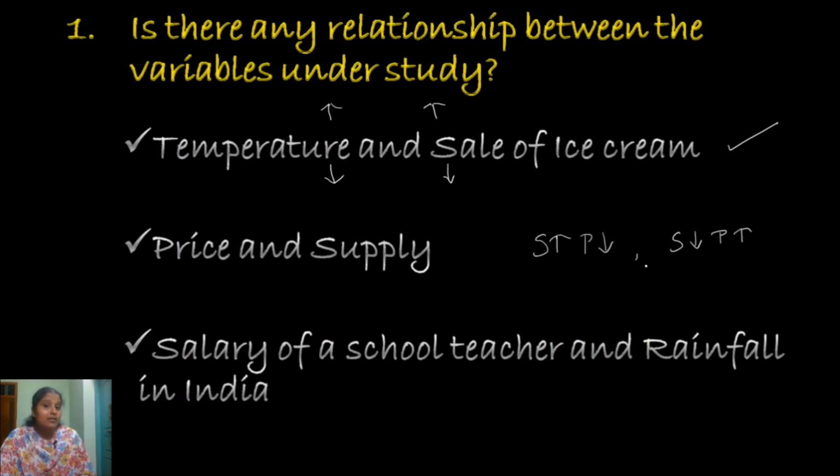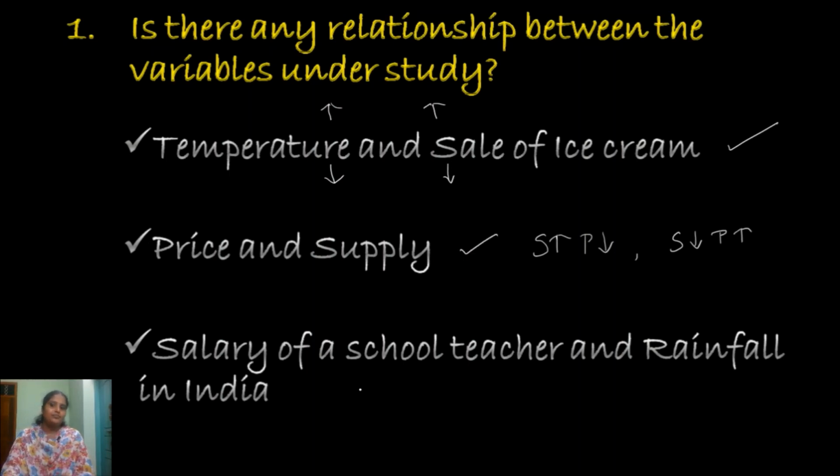Even though they move in opposite direction, that is, one of them increases, the other will decrease, supply is related to price. Yes, there is some kind of relationship between supply and price, isn't it?